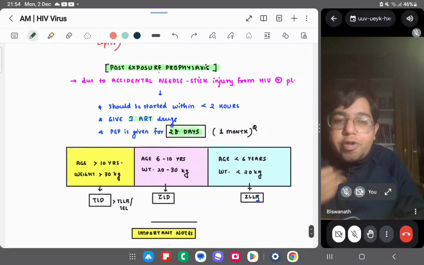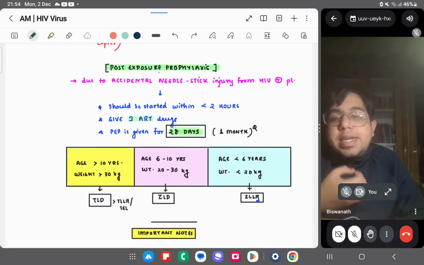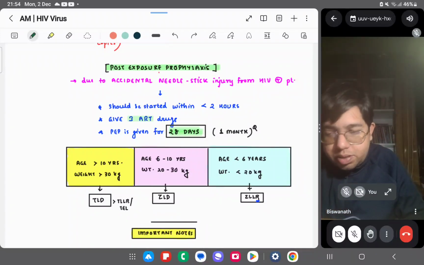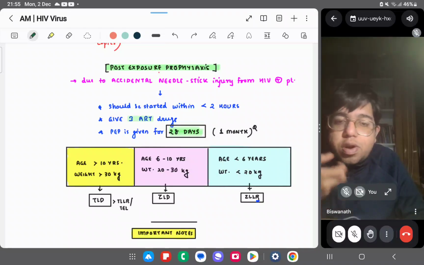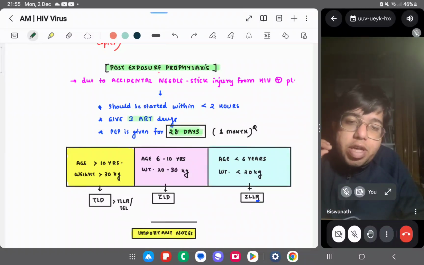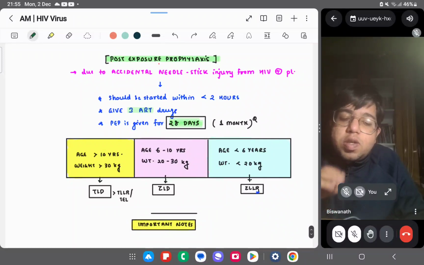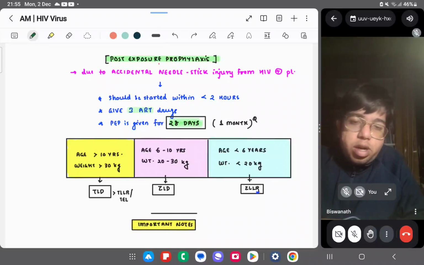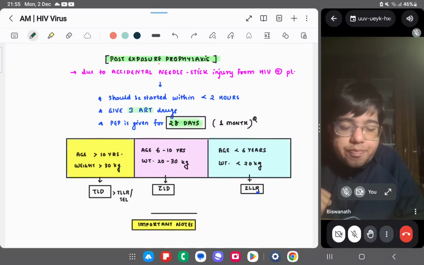Post exposure prophylaxis. If there is an accidental needle stick injury, let's say you were carrying out a procedure or a surgery and you pricked your finger with the suture needle, within less than 2 hours you have to start the post-exposure prophylaxis, because you don't want to get HIV.